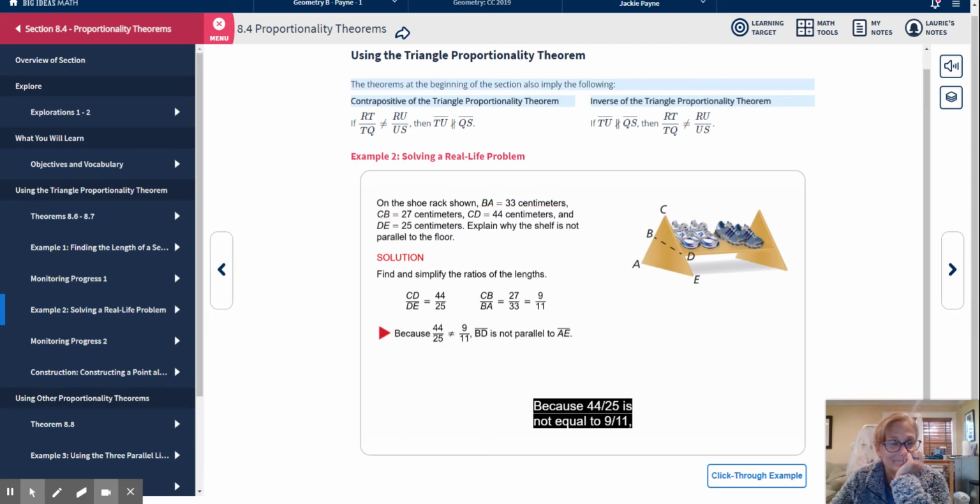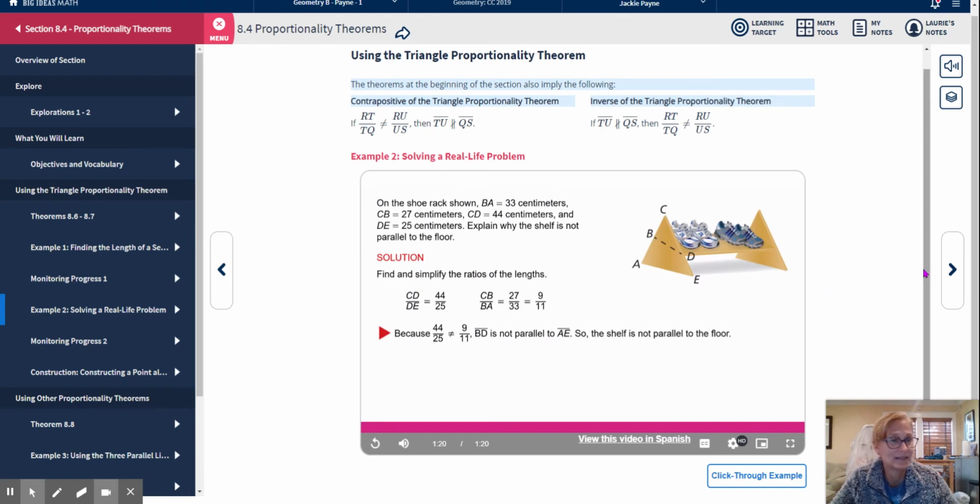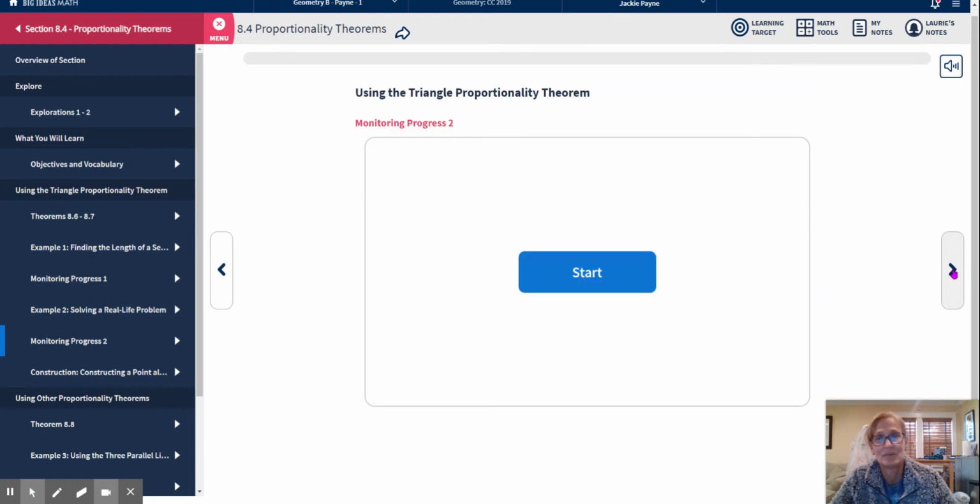Because 44/25 is not equal to 9/11, segment BD is not parallel to segment AE by the contrapositive of the triangle proportionality theorem. So the shelf is not parallel to the floor. So you can use it either way, positively or negatively. We're going to keep going.